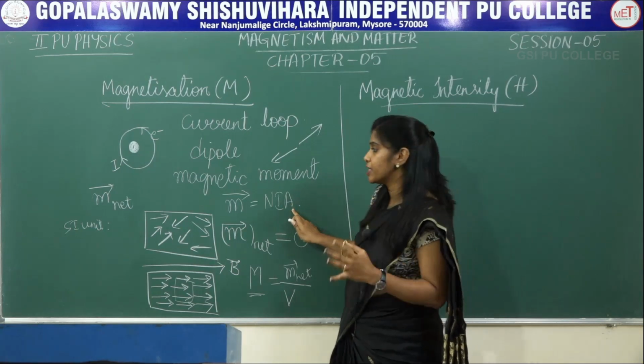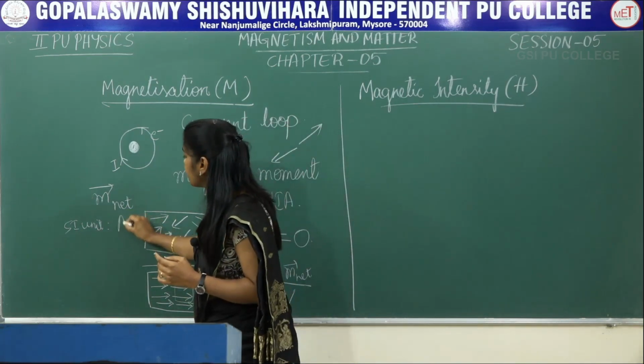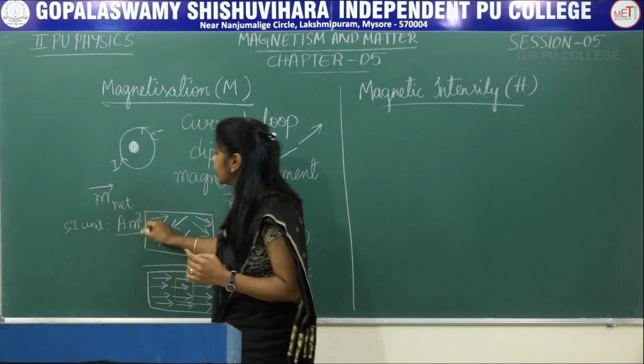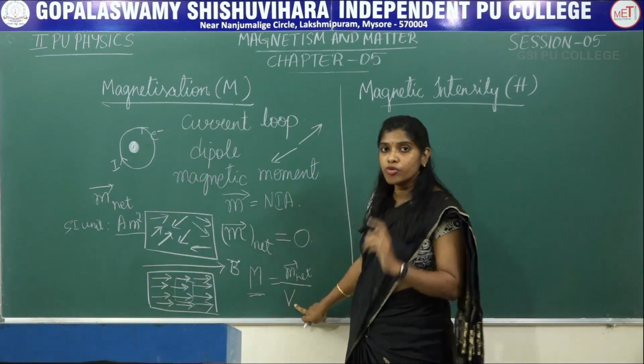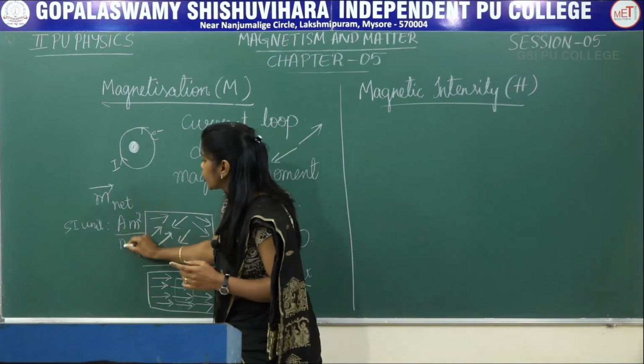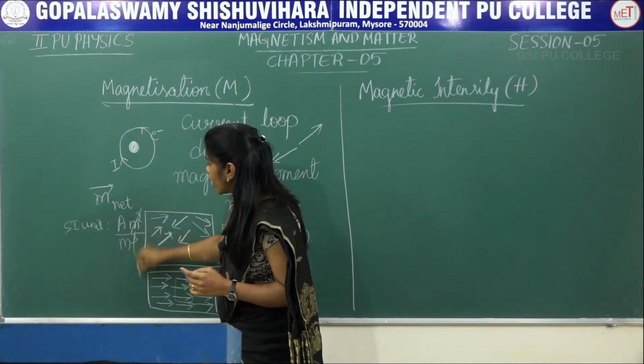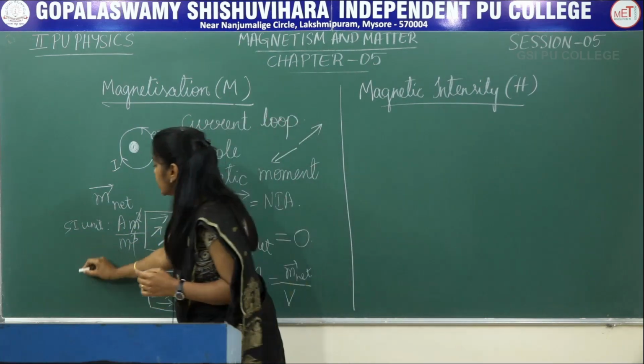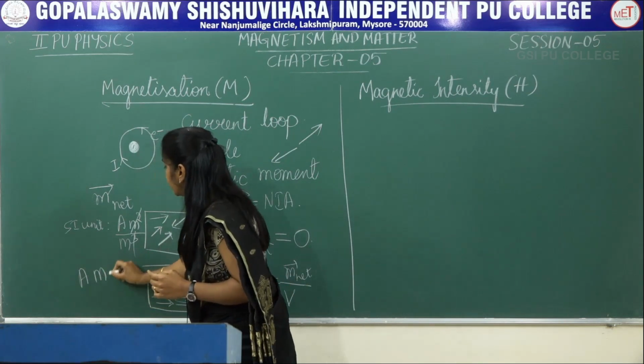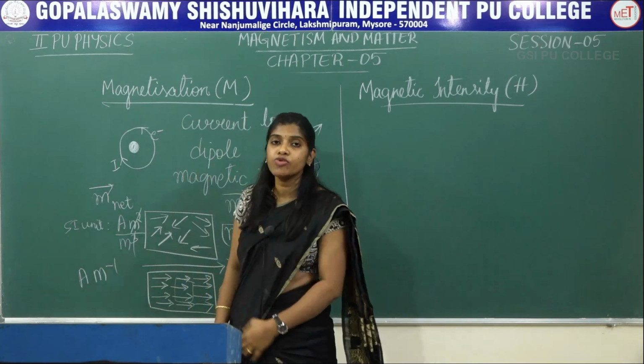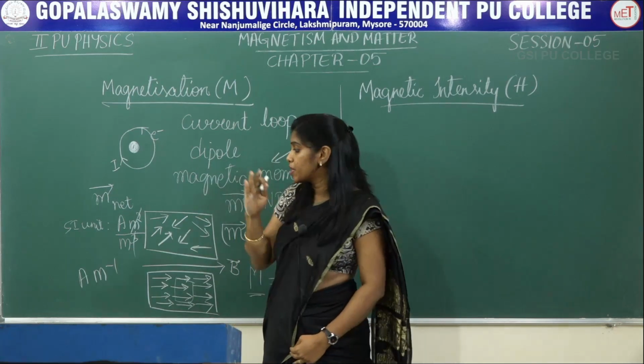Area's unit is meter square. Therefore it is ampere meter square divided by, what is the unit of volume? It is meter cube, and therefore the meter square gets cancelled here. The SI unit is ampere per meter. So the SI unit of magnetization is ampere per meter.